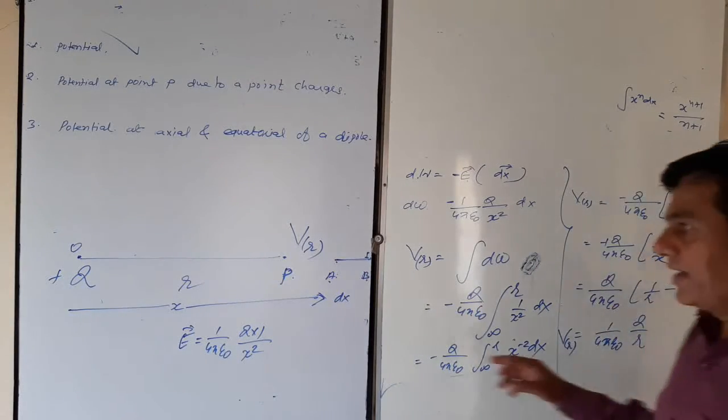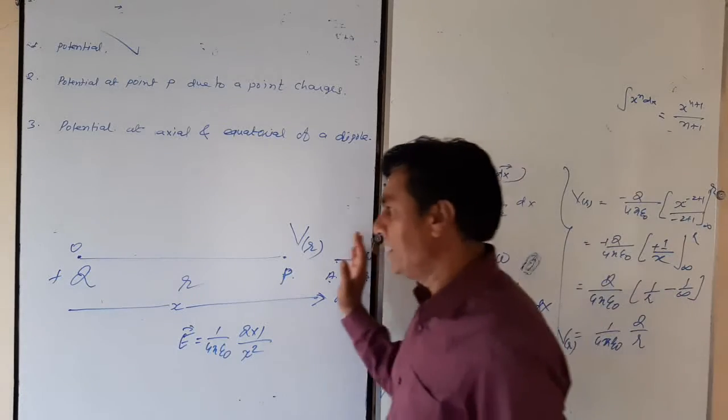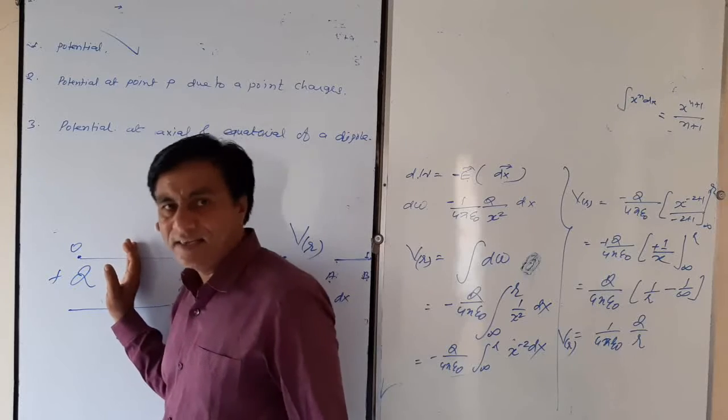As R increases, potential decreases. As R decreases and we go very close to Q, potential increases.